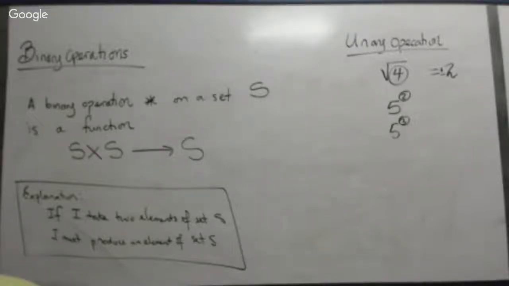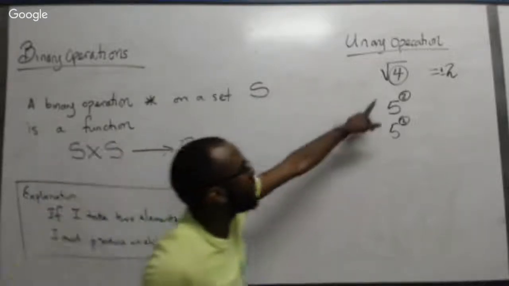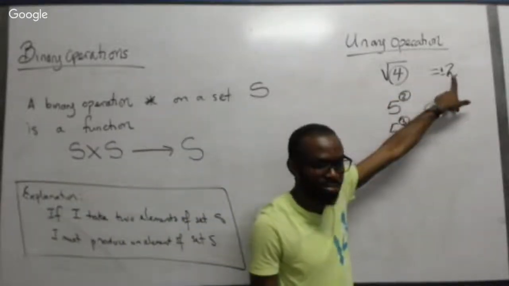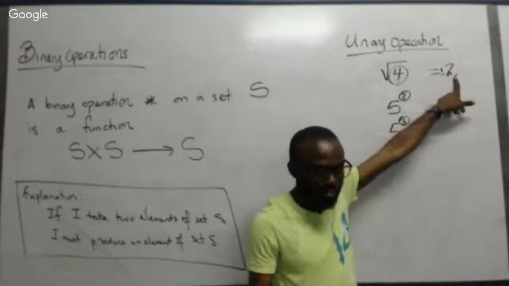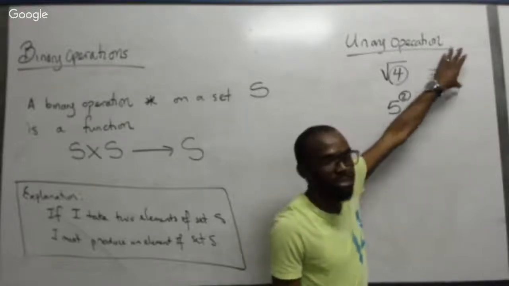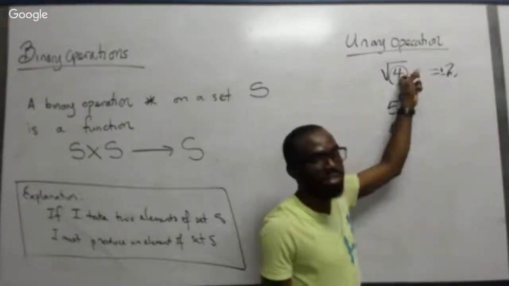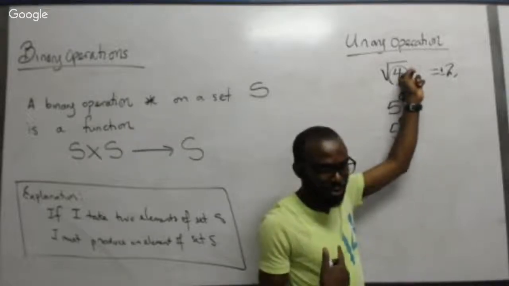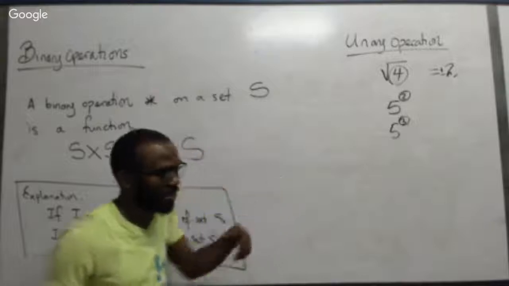These operations are examples of binary operations because in all those cases, it requires two numbers to produce one element. It's the input that determines whether it's unary or binary. Although the square root of 4 produces two results, plus or minus 2, that doesn't make it binary. It's how many elements the operation took in that determines whether it is binary or unary.